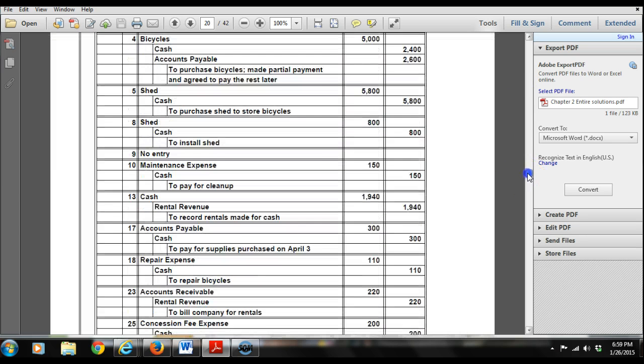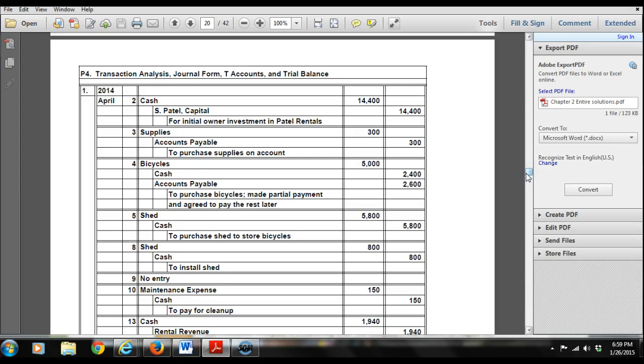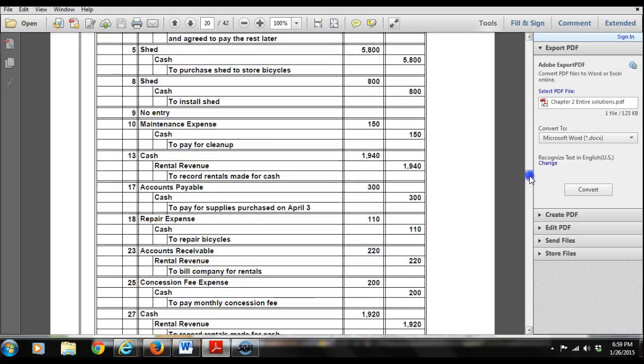Next transaction, on April 4th we increased our bicycles by $5,000, which is a debit. We credited cash for $2,400, credited accounts payable for $2,600.